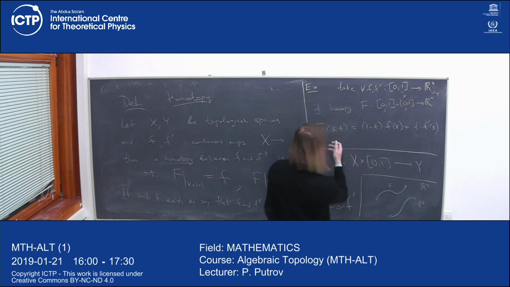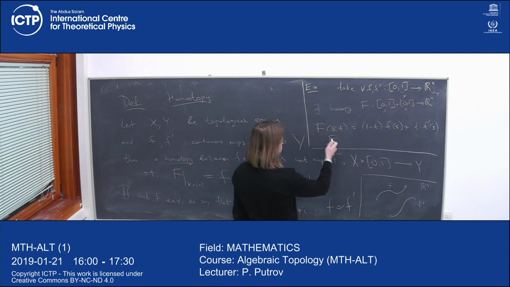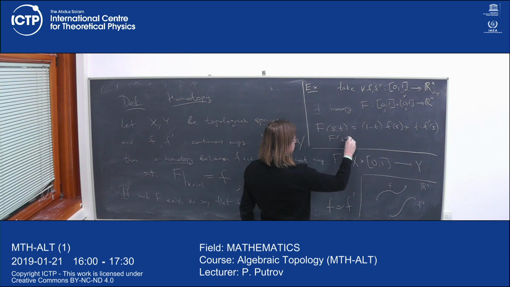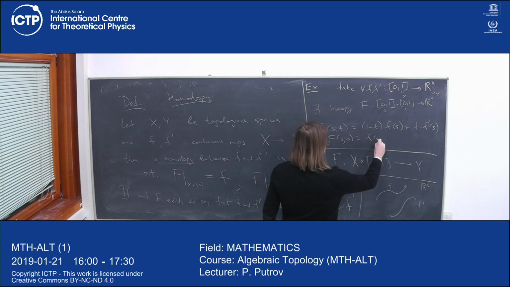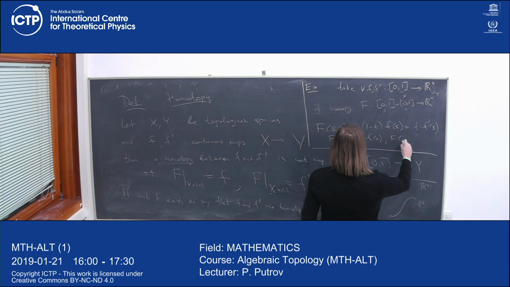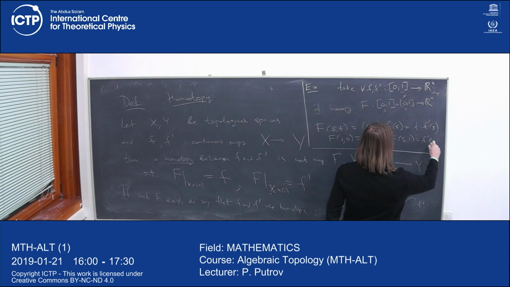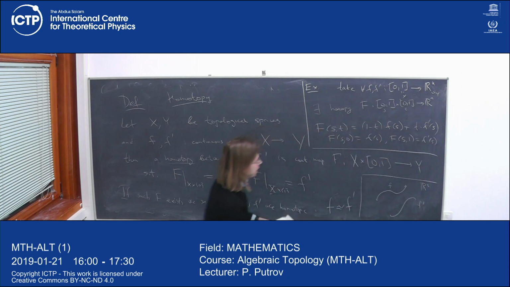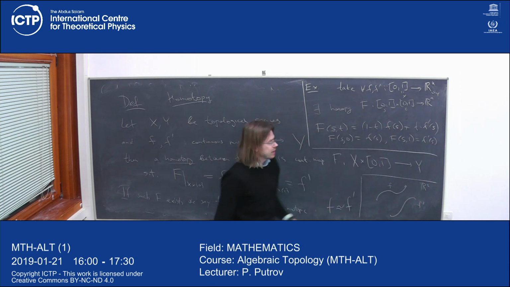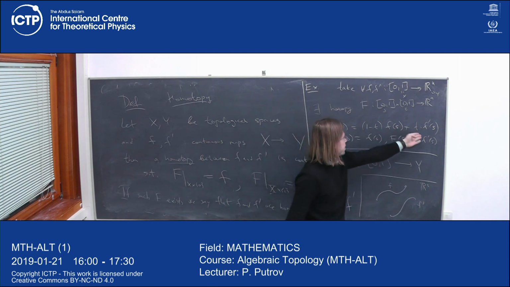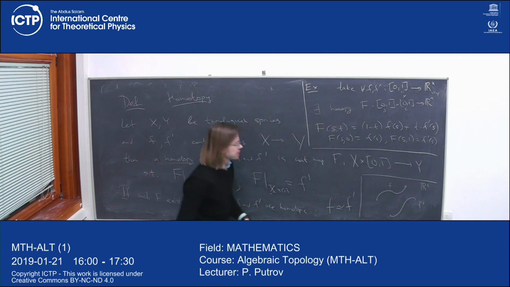You can see that this function satisfies the definition of homotopy. If I restrict t to be 0, I will get f of s, and if I restrict t to be 1, I get f prime. And of course, it's easy to see this is continuous. Once f and f prime are continuous, this is continuous.